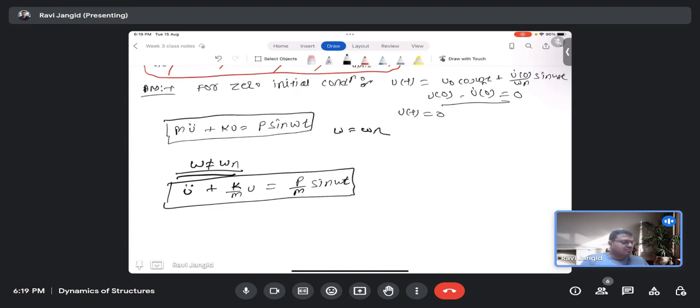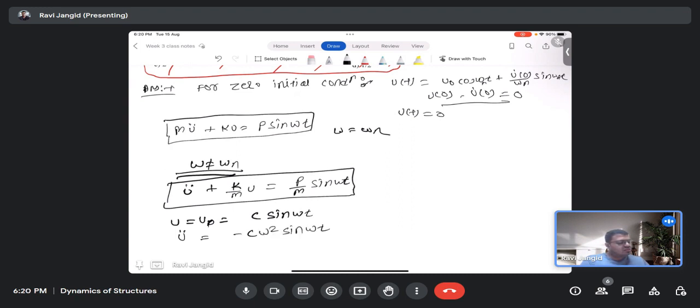what are we considering? Initially I consider a particular solution u_p equal to some constant c times sine omega t. Then u double dot would be c times minus omega square sine omega t.